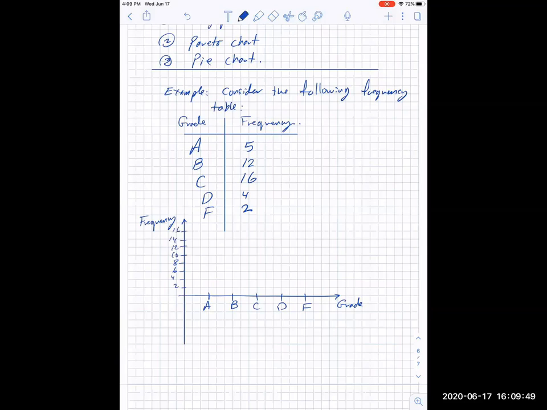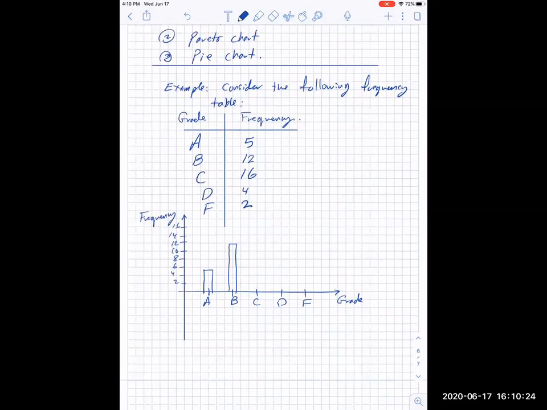And then for the first category, A, I have a frequency of 5. So I'm gonna draw a bar with a height of 5 units. And then the B is 12, a bar with a height of 12. And notice how I left a gap between the categories. Category A and category B are separate. The bars are not attached, they're separate. There's a gap here. And then C is 16.